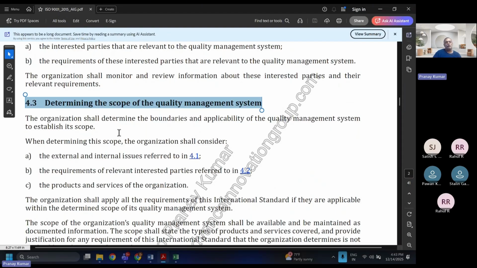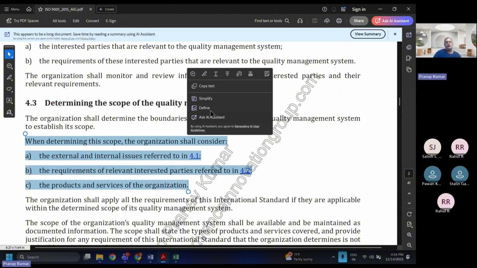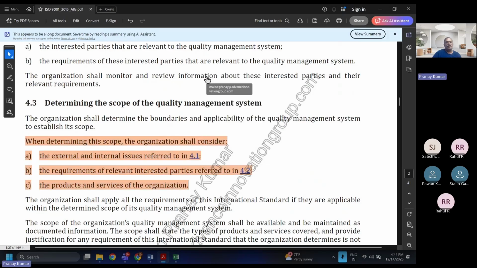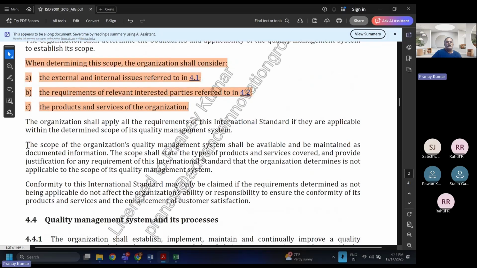When determining the scope, the organization shall consider becomes auditable. So when you have a scope statement, you must reference that you have considered A, B, and C. It is written, the scope of the quality management system shall be available and be maintained as documented information.